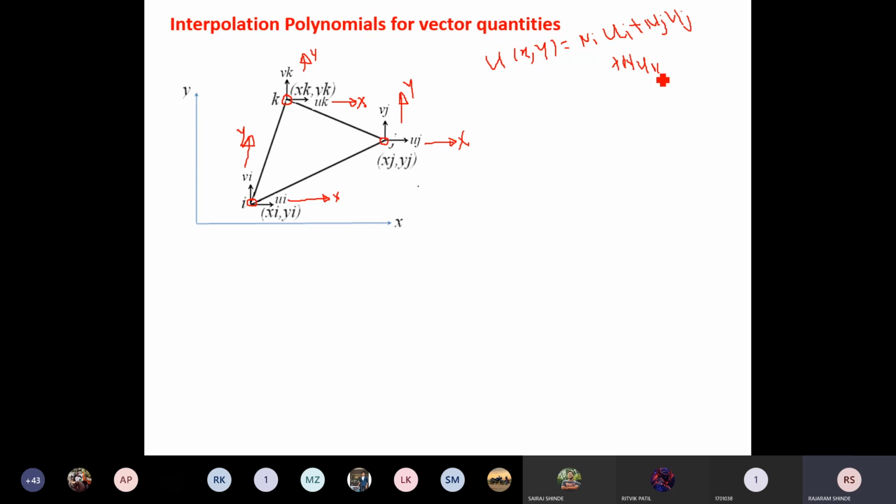Now this is the variable displacement in x direction over this element. That means if you want to calculate the u displacement, you can use this equation.